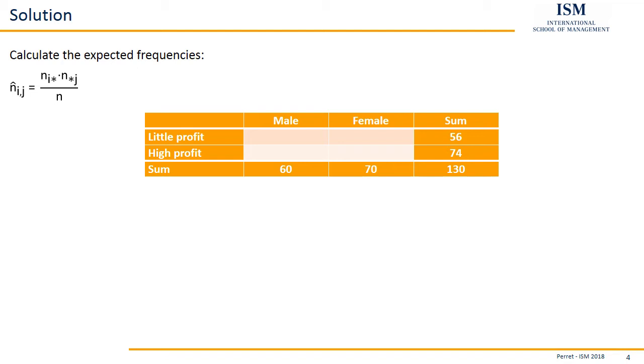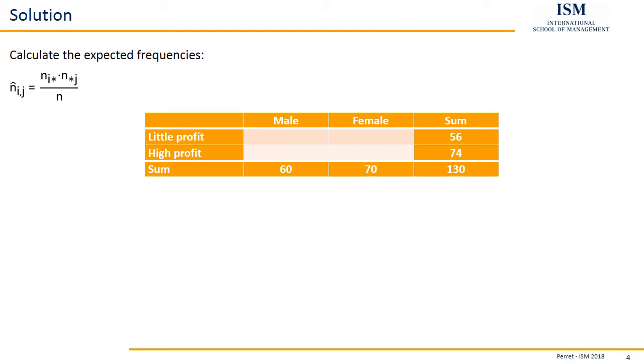However, we leave blank the cells in the middle, so the cells which originally contained the data we had from the exercise. We only copy our marginal frequencies. And then for each cell, we multiply the corresponding marginal frequency for the column and the row with each other, and we divide this by the overall amount of observations.